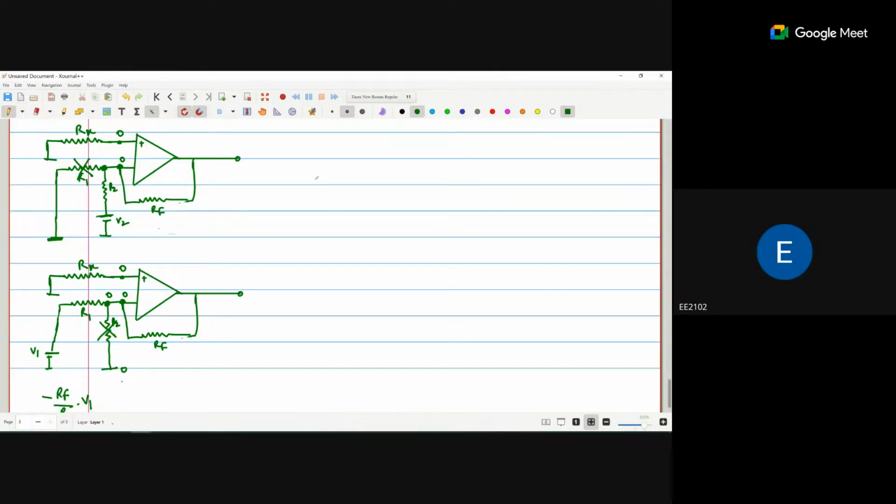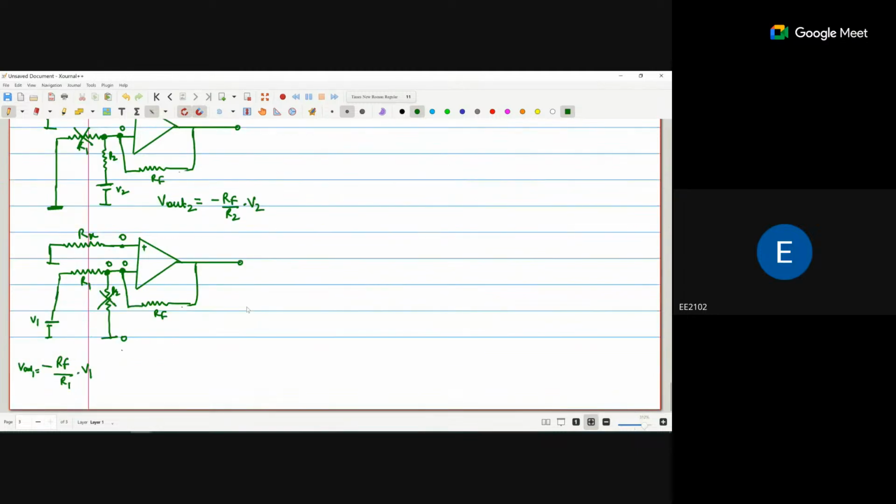What is V out? I just say V out 2 and V out 1. So V out 2 is minus RF by R2 times V2. So the overall voltage is what?